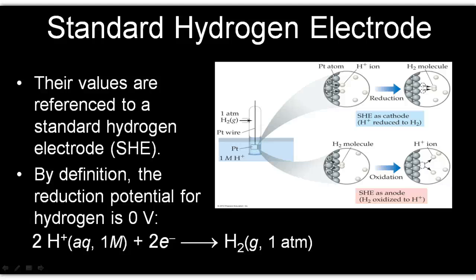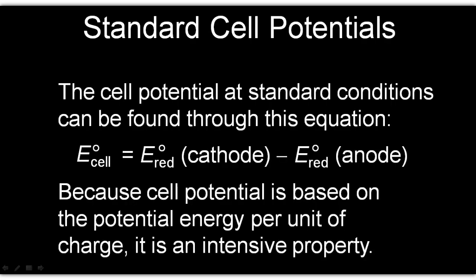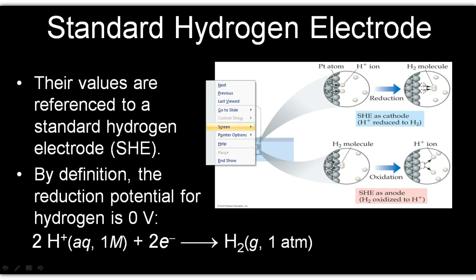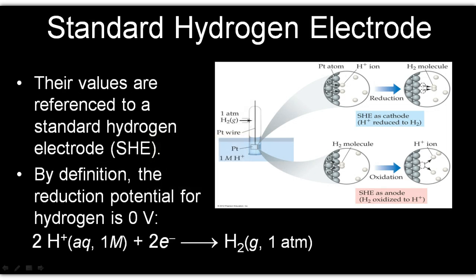So this is the second lecture for chapter 20, and we're going to start off with the standard hydrogen electrode, which is the basis for comparing all the other reduction potentials. So for this setup here, in this container we have hydrogen, which is at 1 atm, so standard pressure, and 1 molarity, which is standard concentration.